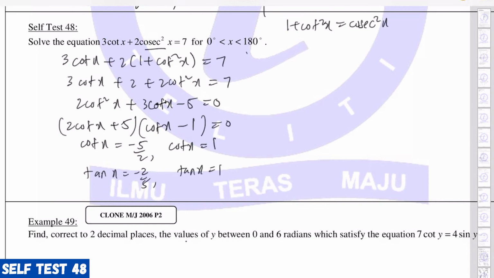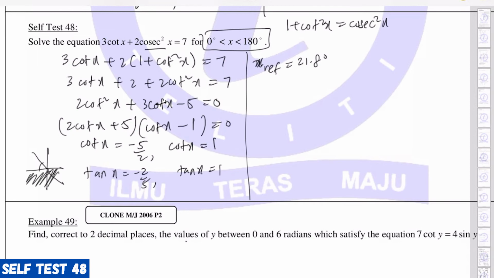Okay. For both, you got to use the reference angle. You have to use a calculator. Reference angle, the negative sign ignored, in this case, calculator, what do you get? 21.8, right? Yeah, 21.8. But take note, this angle is only between 0 to 180. Yeah? So anything more than that, we ignore. And this tangent is negative. Tangent is negative in quadrant number 2 and quadrant number 4.